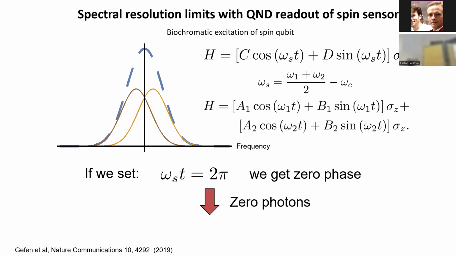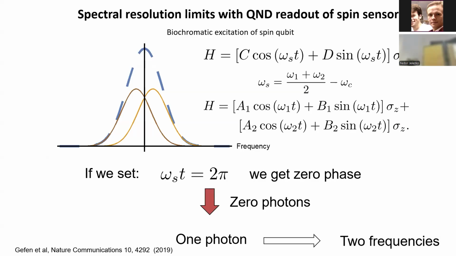But if you have two frequency components, now you are not ending your Bloch vector on the pole of the Bloch sphere, and then you have photons emitted or some projection noise appearing, and that's the sign that you have two frequencies. So basically, by measuring spins in a regime where you do QND measurements, you can now discriminate between a state where you have two frequencies or one frequency present in the spectrum by the appearance of the noise. But if you have only one frequency present, there is no noise at all.